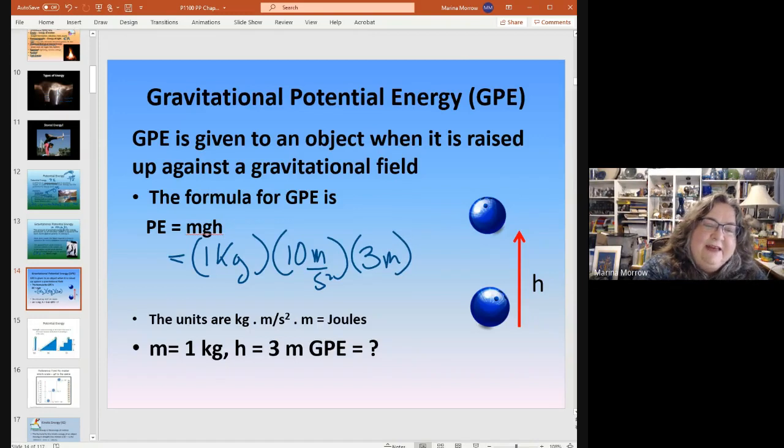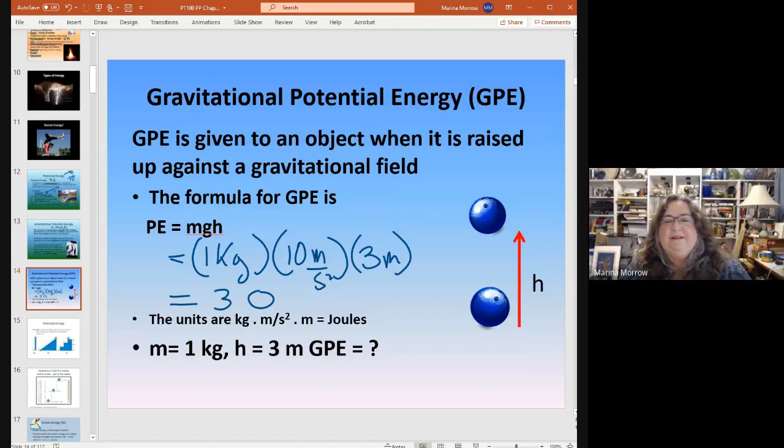So you put that together, and we've got 30 joules. Well, you can see you get your kilograms meters squared over seconds squared here, and that, of course, is a joule, right? That's supposed to be a J.